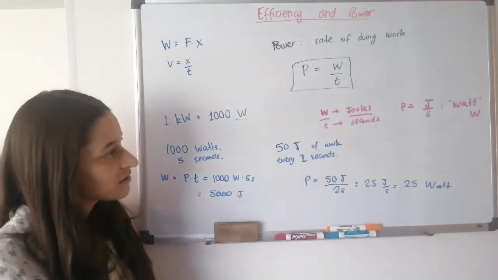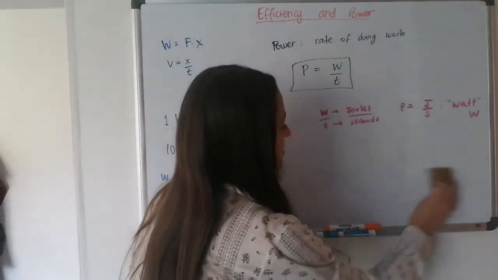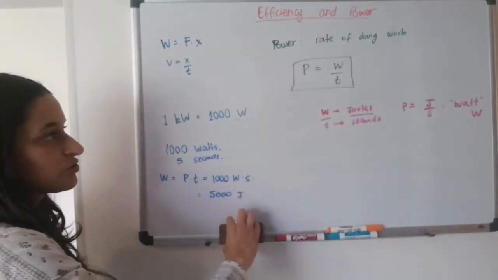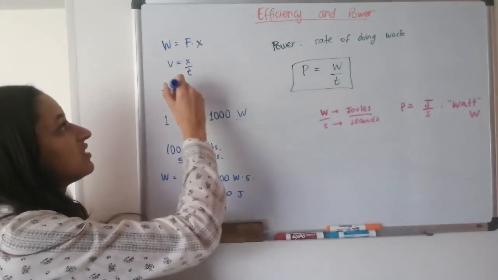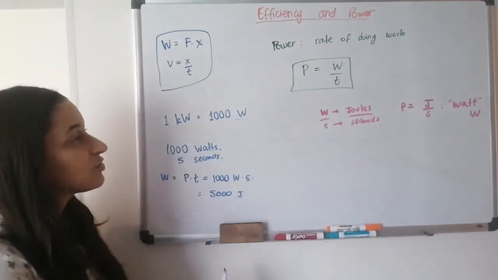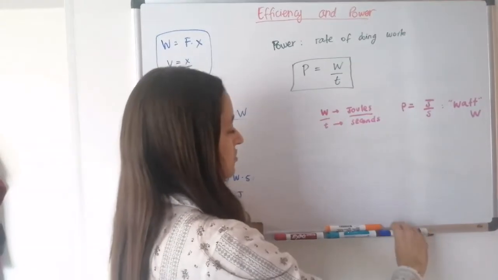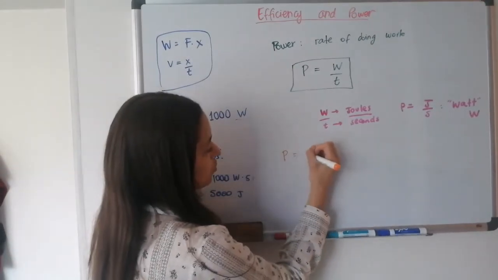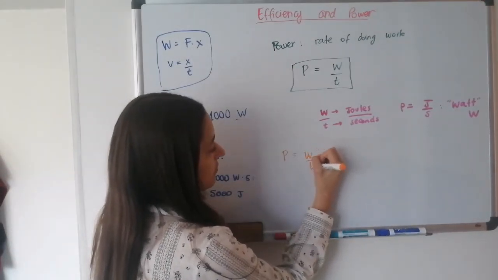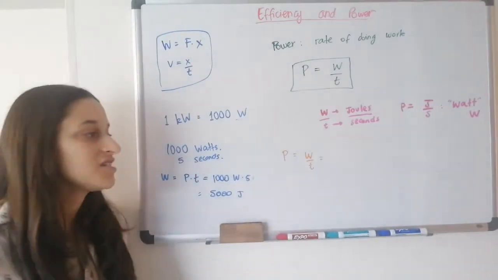The last thing I wanted to say here is that sometimes it's useful to write this equation in a different way. So now we're going to use the two review equations that I told you. Let's see what this becomes. We have the equation that power is equal to work over time. But we also know that work is defined as force times distance.